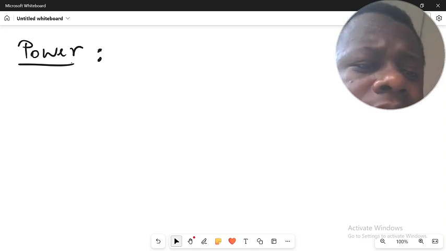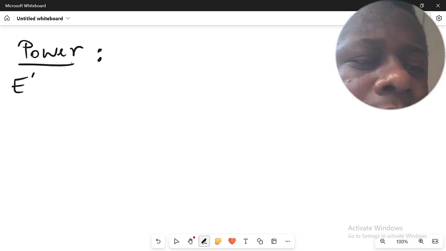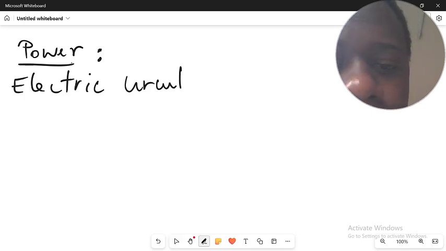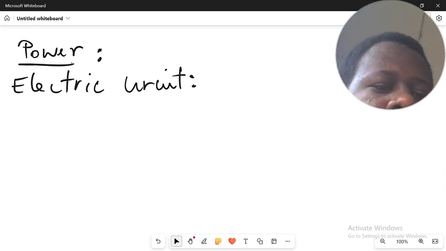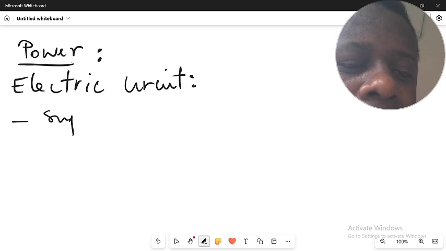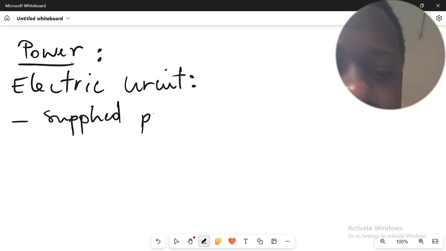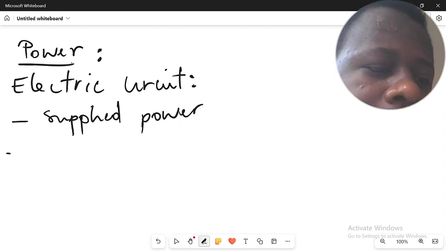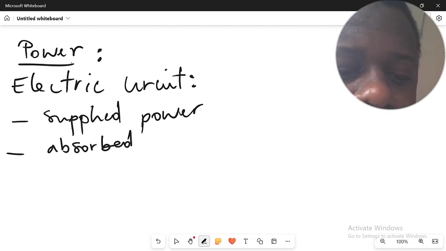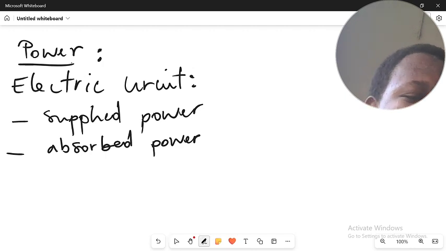So now, in an electric circuit, there are two types of component. Some components are supplying power, and other components are absorbing power.